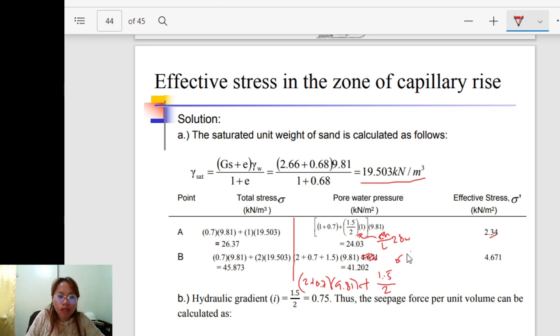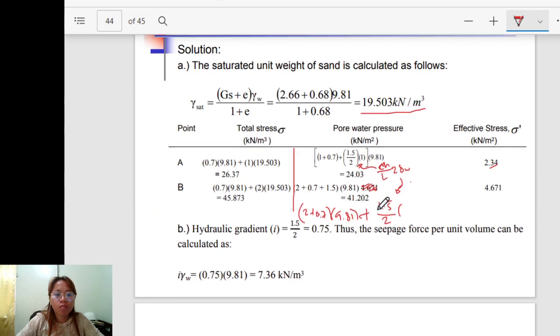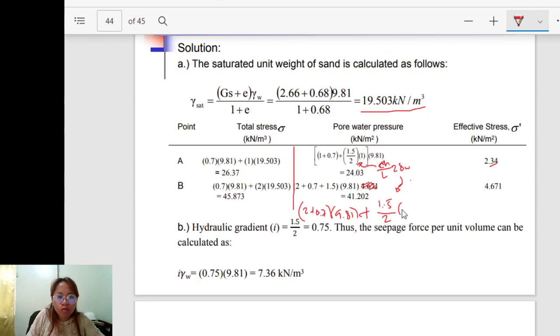This is still delta H over L times Z, where Z here is still 2, because at point B, times 2 times the unit weight of the water, which is 9.81.